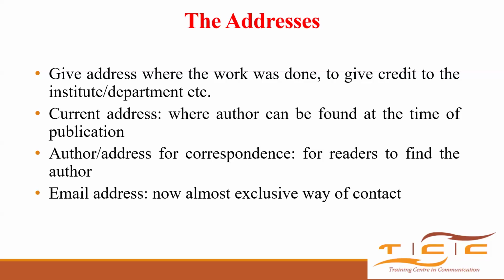After the names of the authors, we have the addresses and affiliations. So let's say the title of the paper, then you have the authors, you've listed them, then you put where each author comes from and you number them.